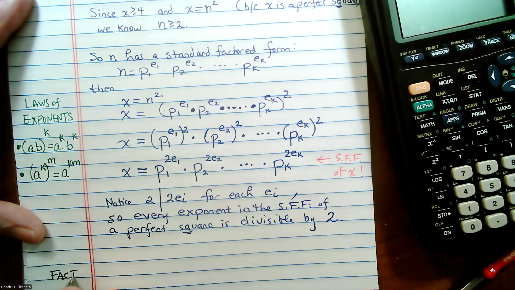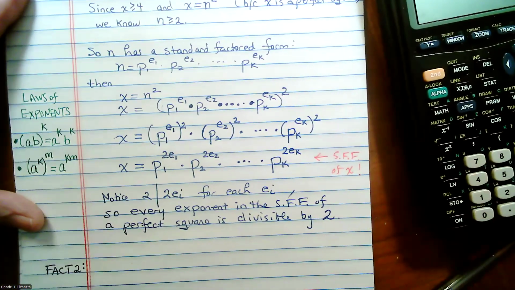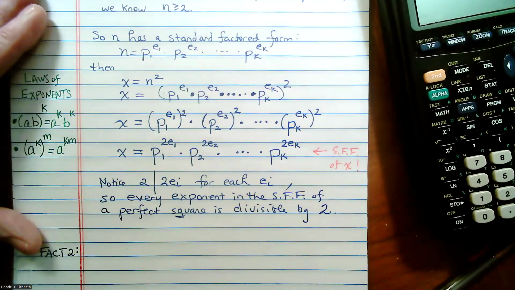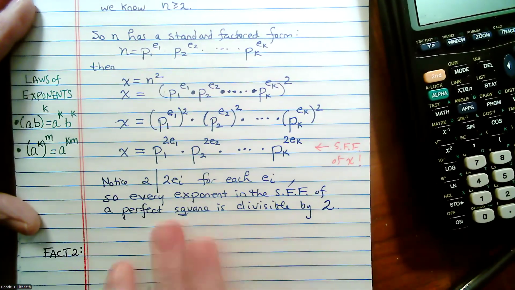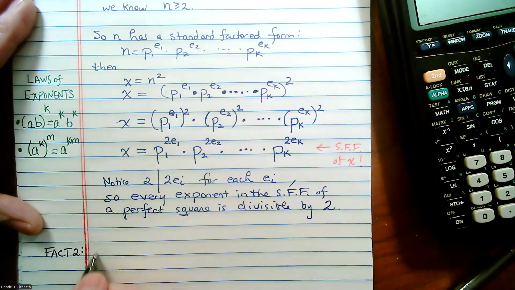Although I didn't prove it, you could now try to prove it, but at least you have that under your belt, because I think there's a WebAssign problem where it asks about perfect cubes and goes through this whole thing again.